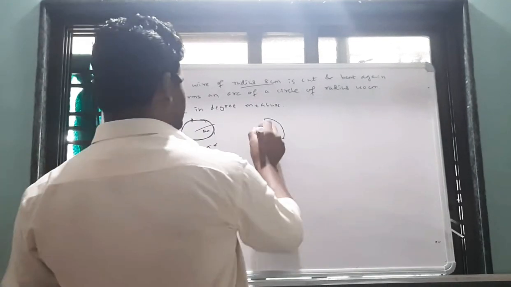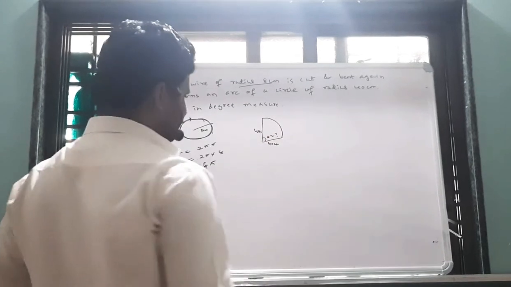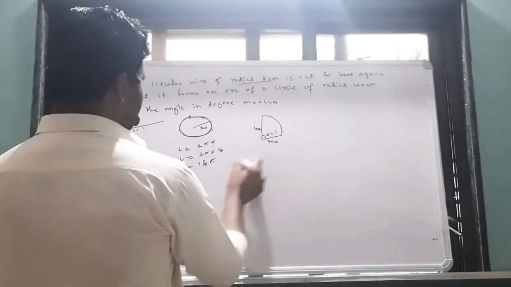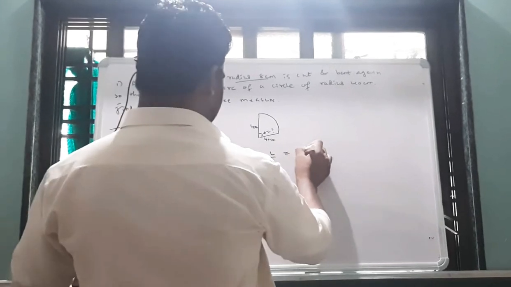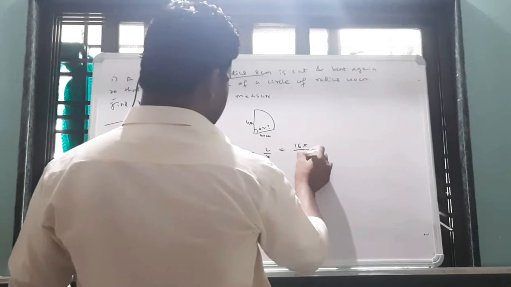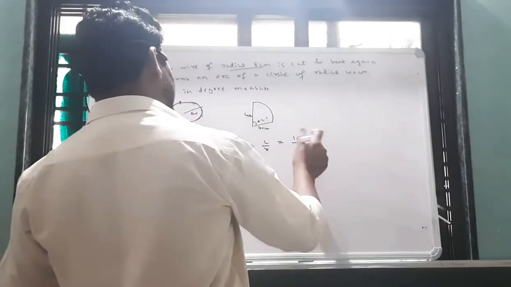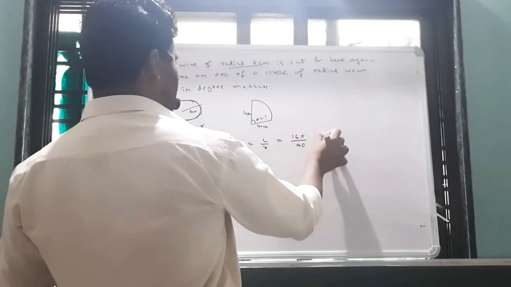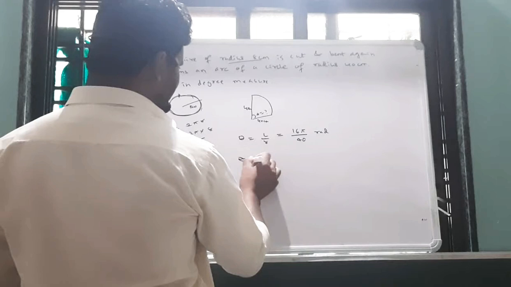Now here the radius is given as 40 centimeter. We want this angle. We know the angle theta is equal to L by r, that is 16 pi by 40. This is the angle at the center in radian, but here it is asked in degree.